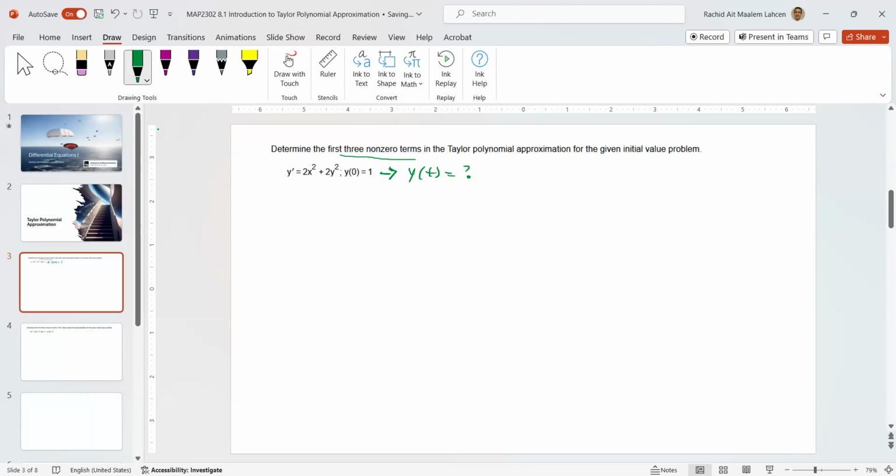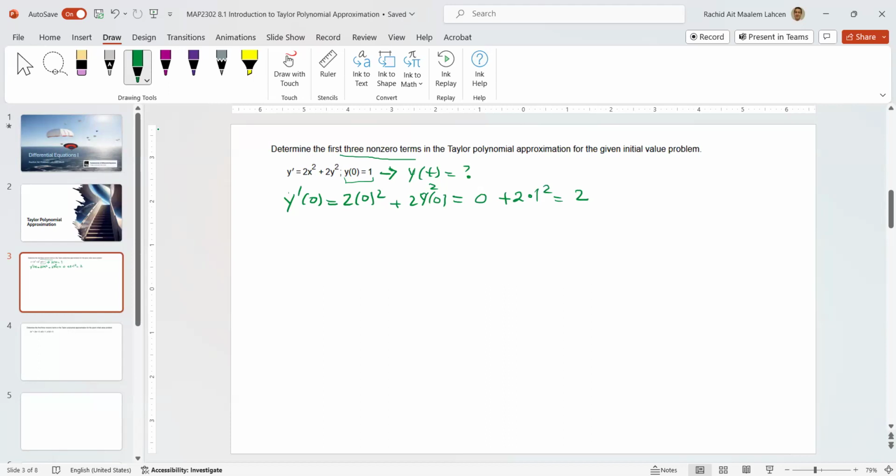So we're given already the first one here. Let's see what's the second one. Y prime of 0, just substitute here directly. X is 0 plus 2 y of 0 squared. So that's 0 plus 2 times y of 0, which is given as 1, squared, so it's 2.